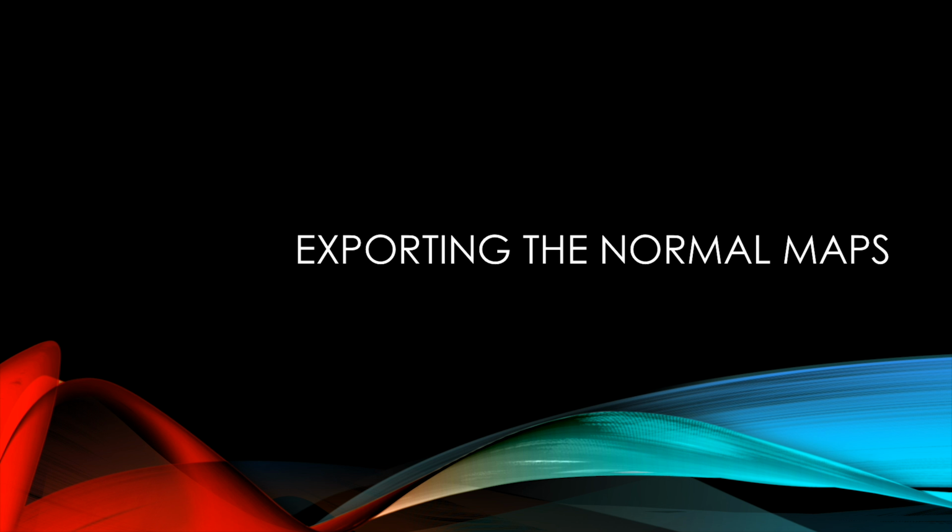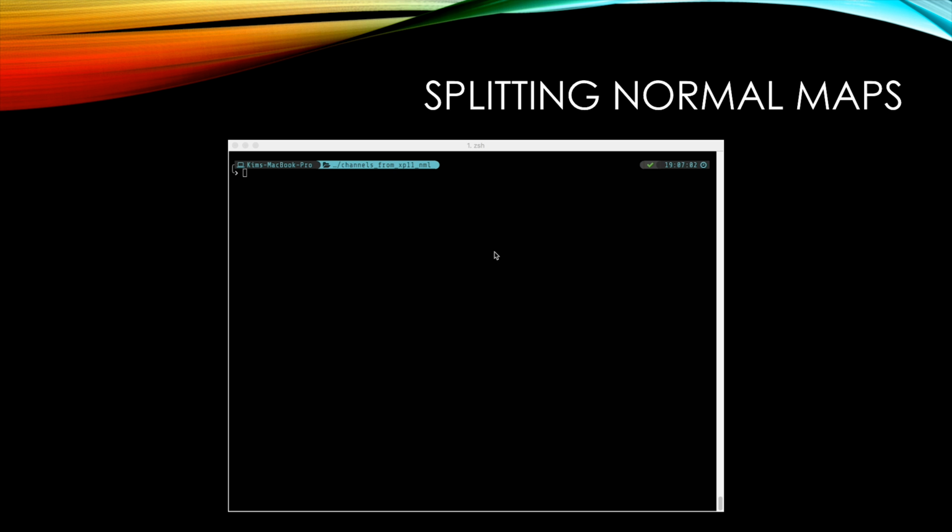Now the next step will be to export the normal maps. Exporting the normal maps actually means splitting the normal maps. The X-Plane normal maps are combined normal maps, which also contain roughness and metallic information. And in order to work with these maps in Substance Painter, we need to split those into individual maps.